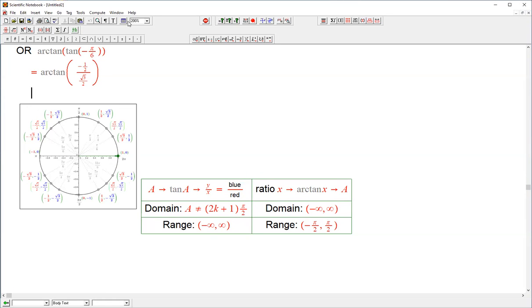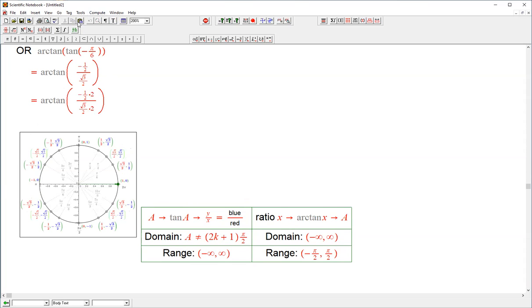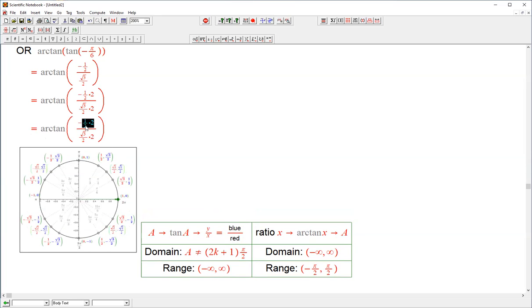And the next step, you simplify whatever's inside. It's a negative number divided by a positive number, so the quotient is going to be negative. Then you multiply the top by 2 and the bottom by 2, and simplified, you have negative 1 on the top and positive √3 on the bottom.